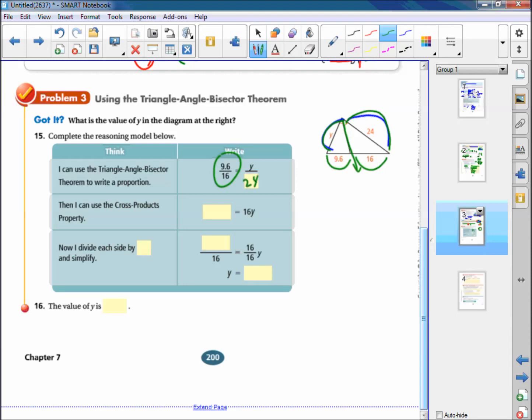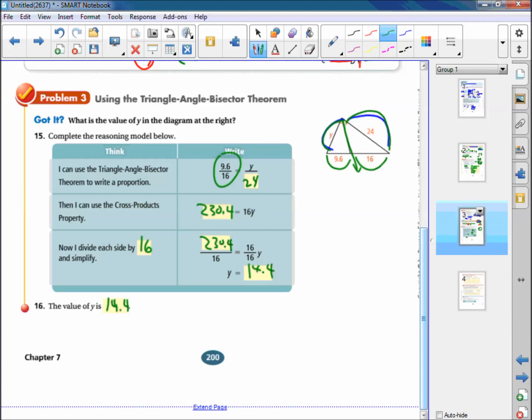And that's the triangle angle bisector theorem. Then we could do our cross products, and we're going to get 16y equals 230.4. Then we'll divide both sides by 16 and simplify. So 230.4 divided by 16 is 14.4. All right, so the value of y is 14.4.